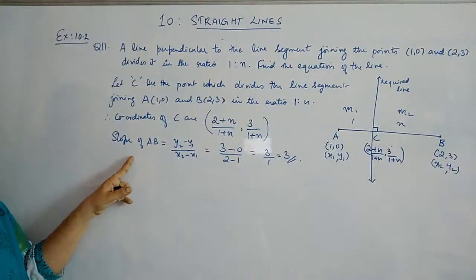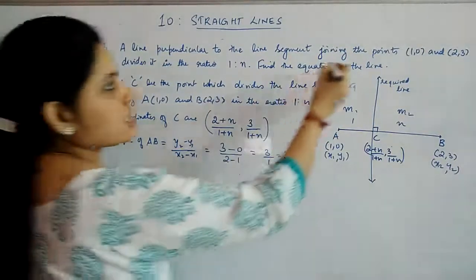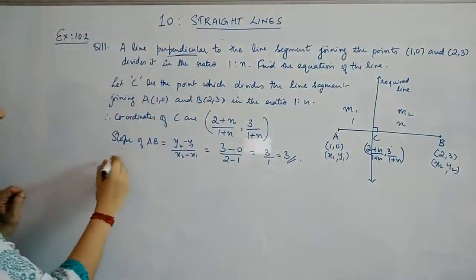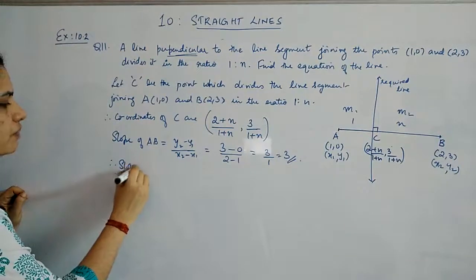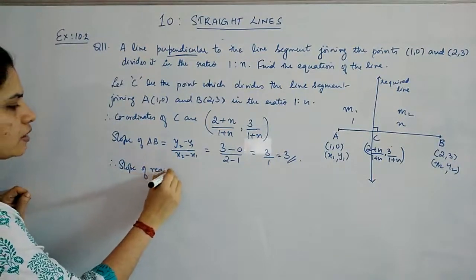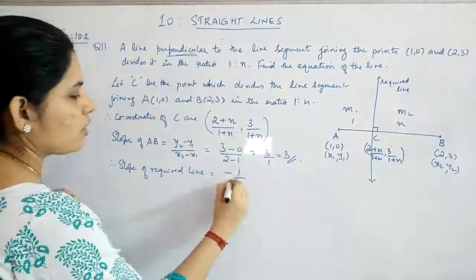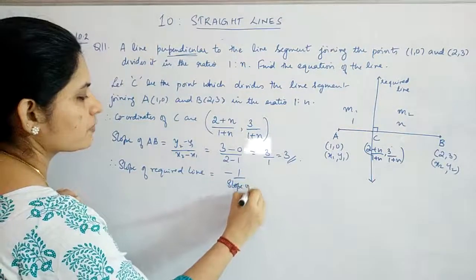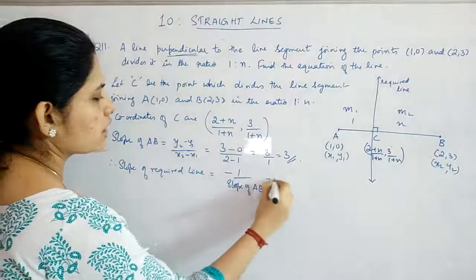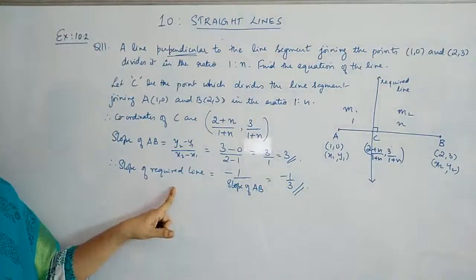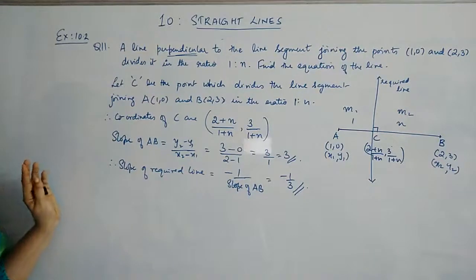Now you have to find out the slope of the required line, which is, here they have given that it is perpendicular to AB. Okay, therefore slope of the required line will be negative reciprocal of slope of AB. What you are getting? Minus 1 by 3 will be the slope of the required line. Okay, since the two lines are perpendicular.